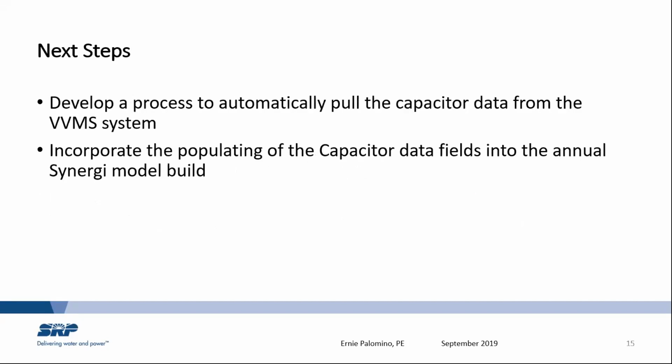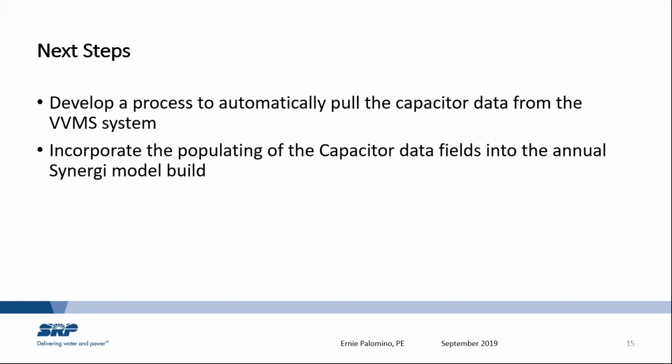So our next steps are, we're going to develop a process to automatically pull the capacitor data from our voltage management system. Again, in this experiment, three substation bases, about 45 capacitors, I manually put in the values. I manually put in the sequence, which is fine for 45, but you saw we have over 3,000 capacitor bases. It's not realistic to do that manually.